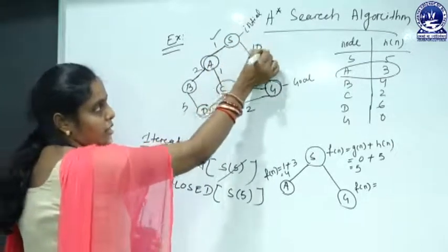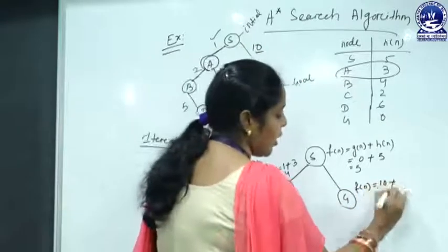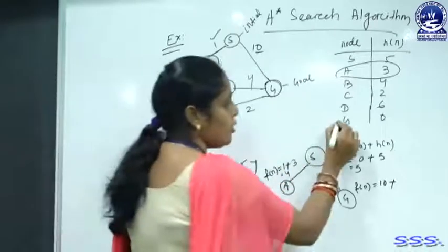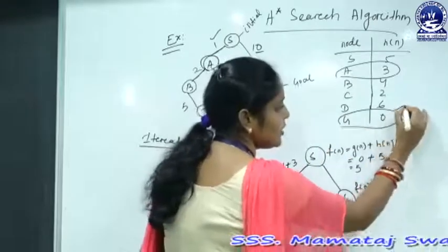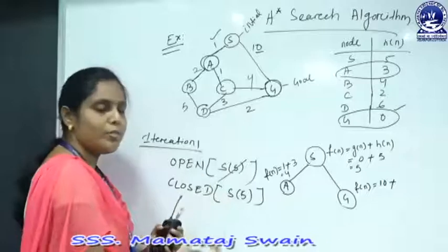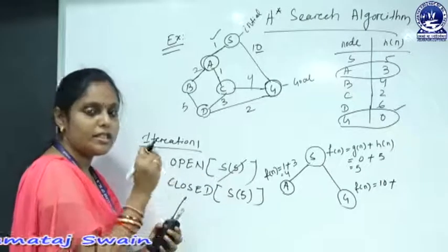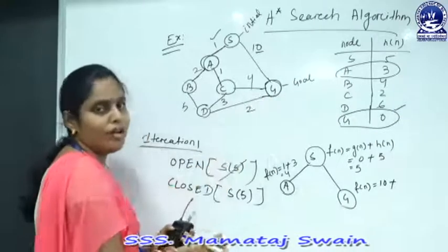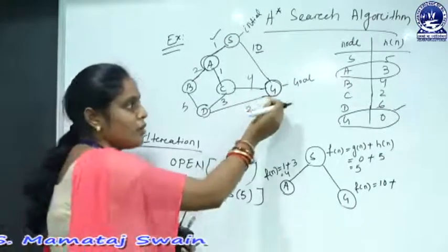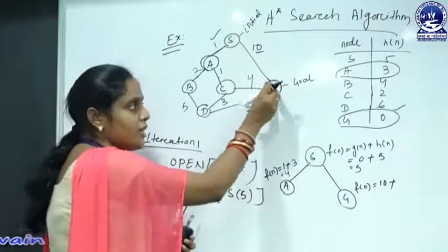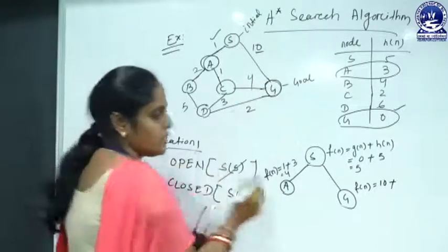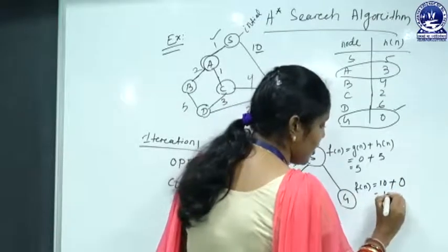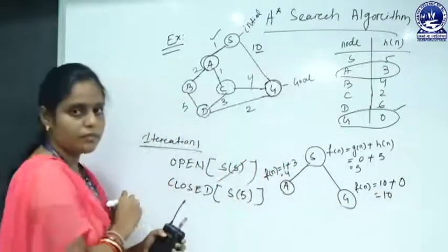Then we add it with our heuristic value, and for node G the heuristic value is 0, because the heuristic function value is nothing but the cost from that node to the goal node, and here node G is your goal node. That means the cost from this node to this node is 0. That means for node G, the evaluation function value is 10.